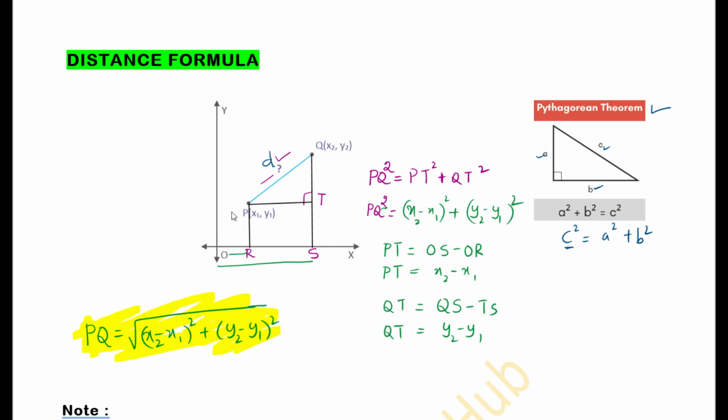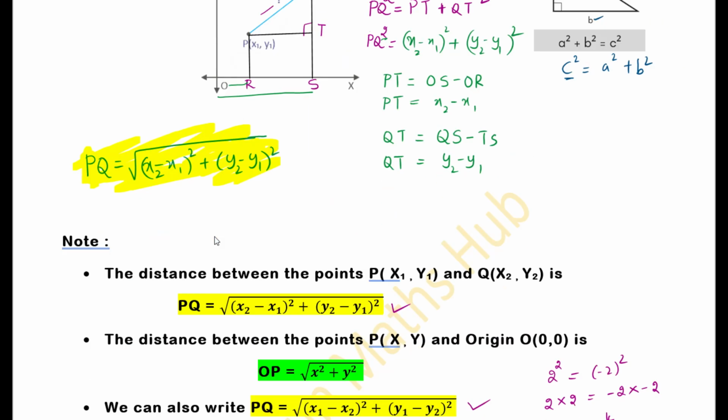The distance between the 2 points is given by the formula square root of x2 minus x1 whole square plus y2 minus y1 whole square, which is very important. Then the distance between a point and the origin is given by the formula square root of just x square plus y square.